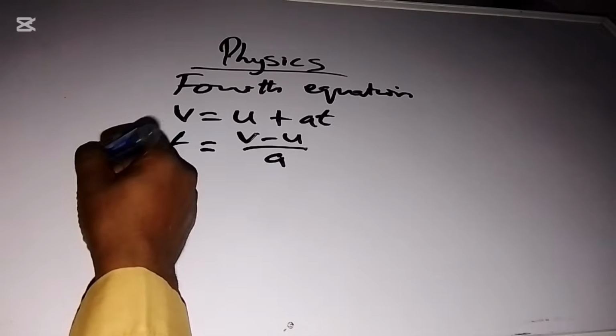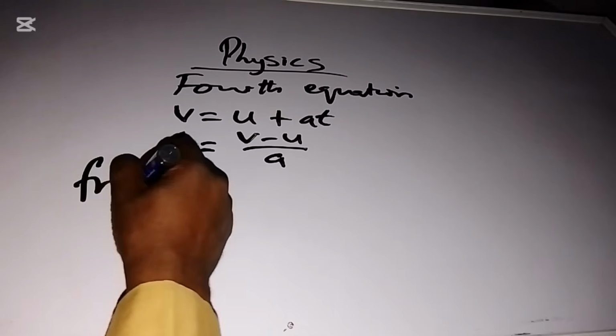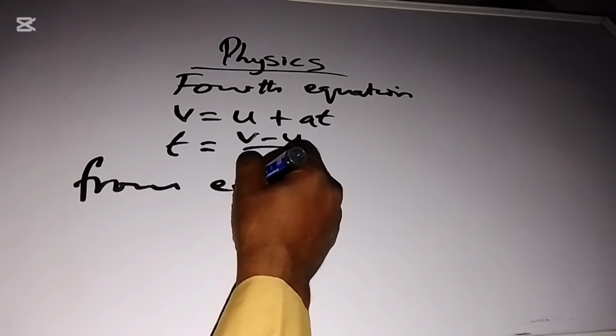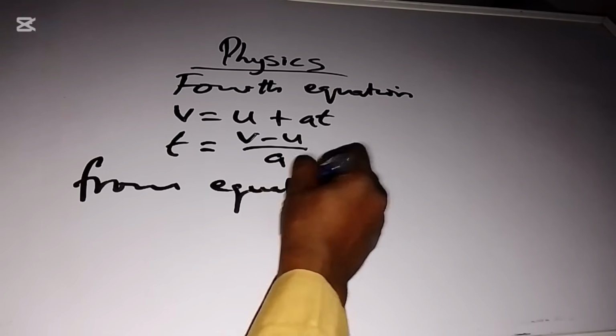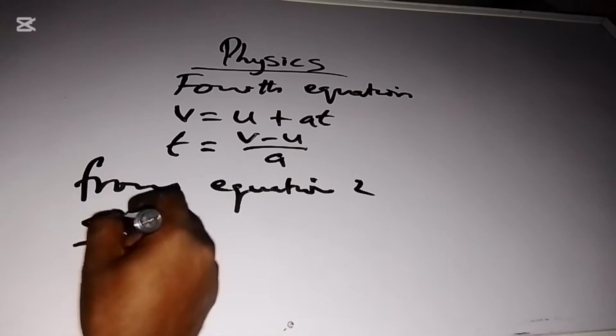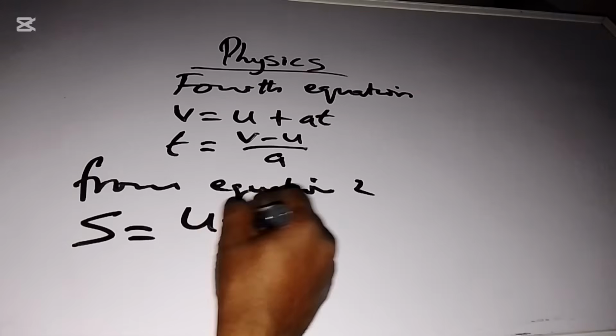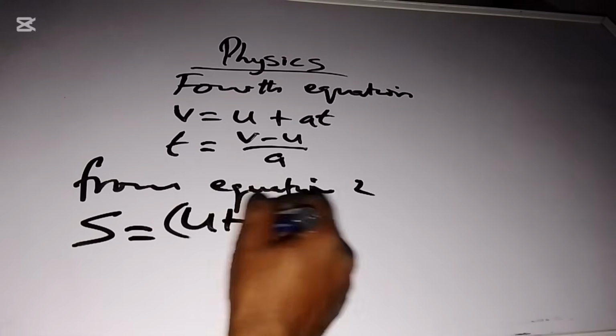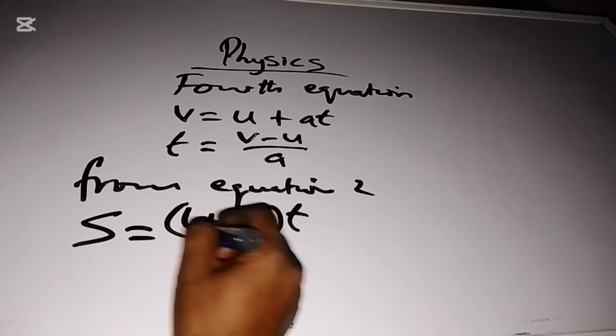Now let's bring back equation 2, which is s is equal to u plus v times t over 2.